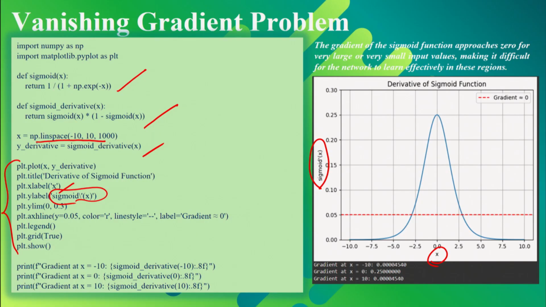See here at the input of -10, how the derivative function is bell shaped, and at the input of 0, how the derivative function is at its peak. And at the value of 10, how the gradient values are changing. So, this is pictorially depicted by considering the input value, showing how the derivative of the sigmoid function helps to solve the problem.